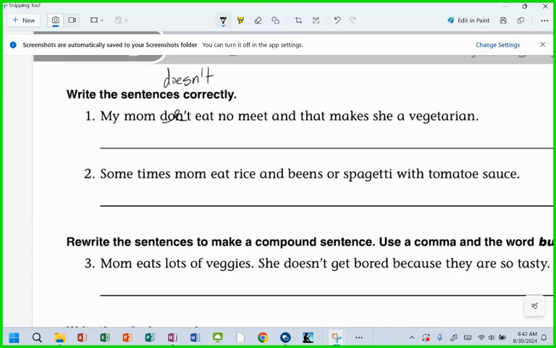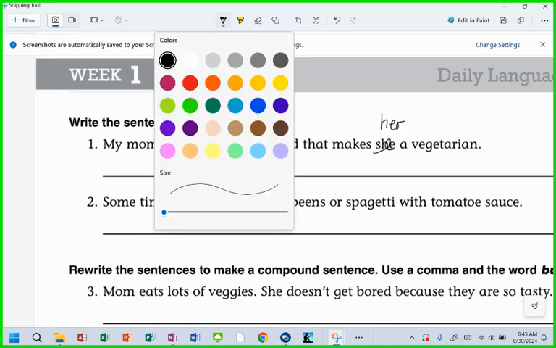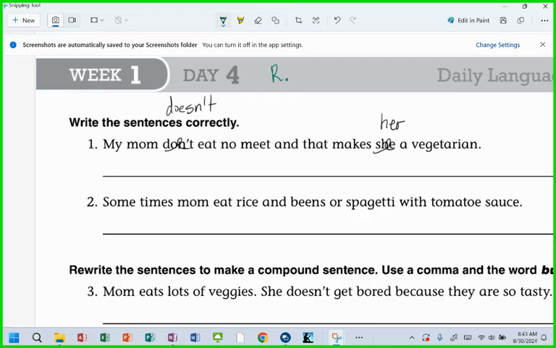Zoe, get rid of she and make that her. So now let me read it again. Watch what I'm doing. And so what's our mantra again? Our mantra is read, edit, write. Okay? So, my mom doesn't eat no meat, and that makes her a vegetarian.